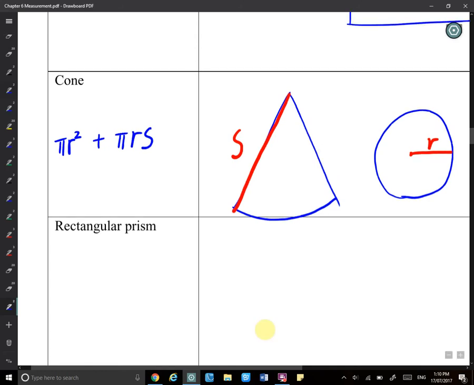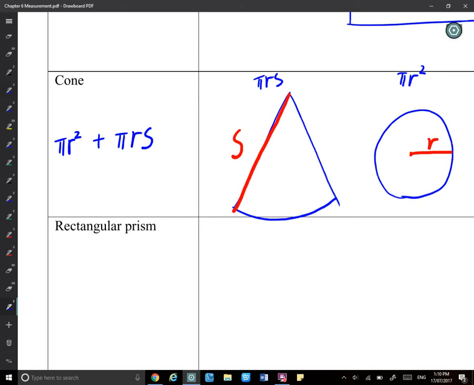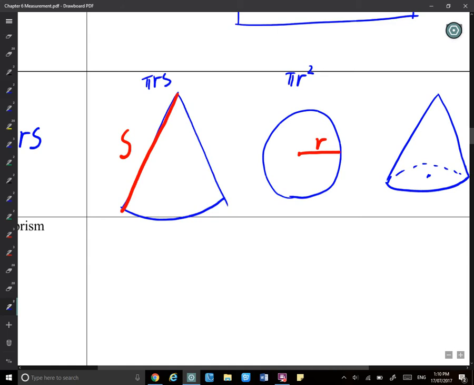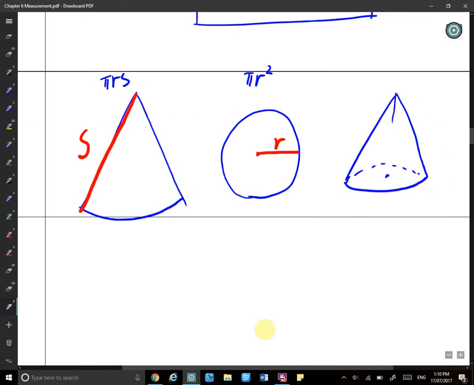Those two added together give you the total surface area of a cone. A cone looks like this.